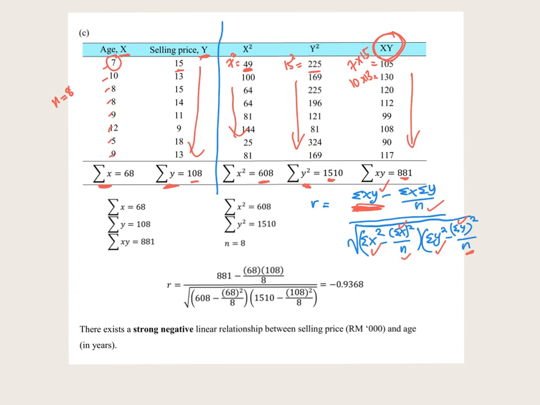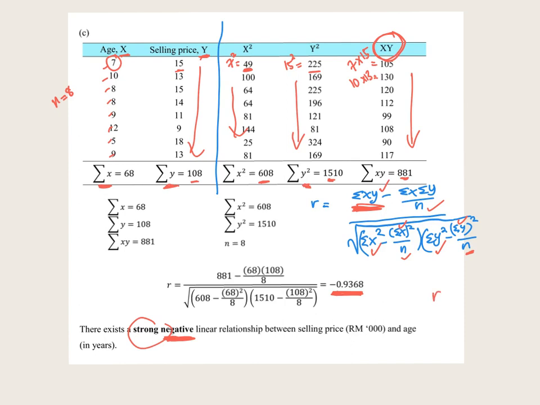After you calculate everything, you just need to substitute all the values into the formula, use your calculator, and you are going to get the value negative 0.9368. The negative sign here means that there exists a strong negative linear relationship between selling price and age. How do you know it is strong? You need to refer to the previous table.